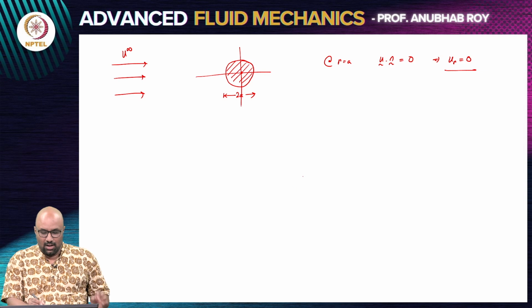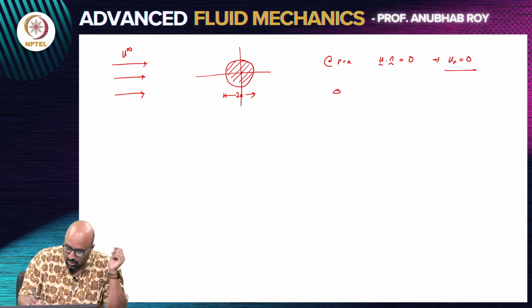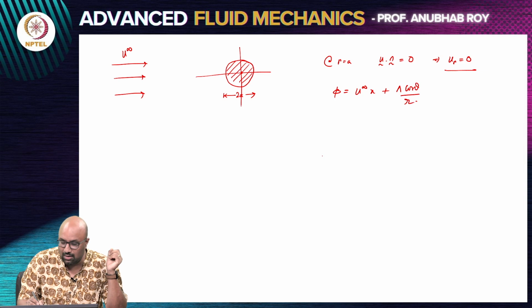Okay. So, going back to what we just did, which was we looked at a combination of a uniform flow with a dipole that is of arbitrary strength. We do not know what the strength of the dipole is.